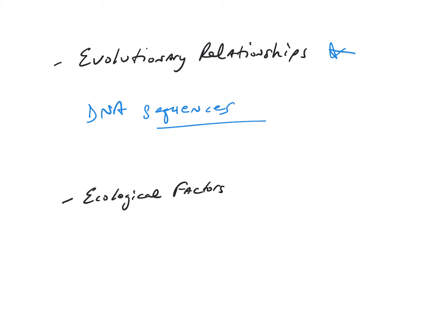Now, in terms of the ecological factors, you can think about where it would be. You could use behavioral traits, like where different species of related birds might forage. What resources different bacterial species use, for example, the types of sugars, the types of vitamins, what kind of growth factors or growth conditions they thrive in.